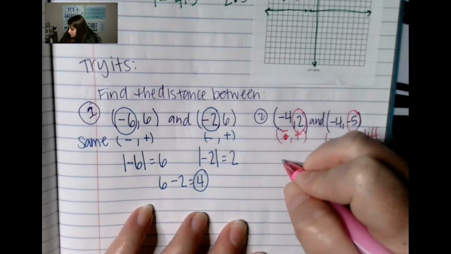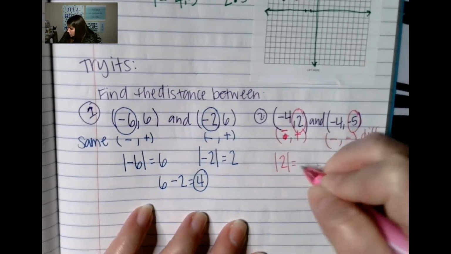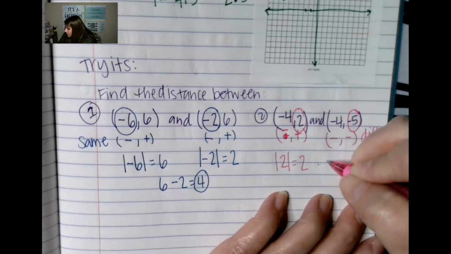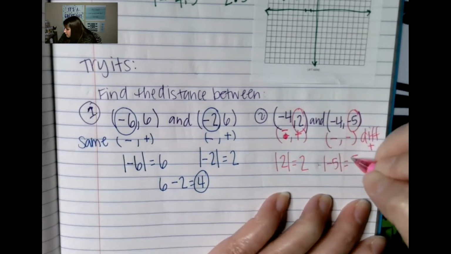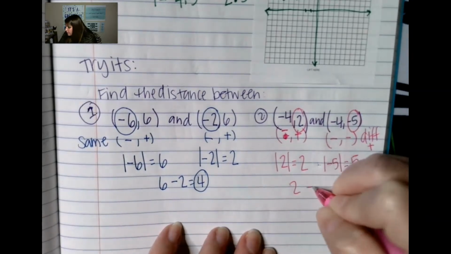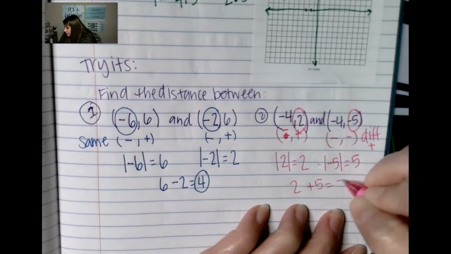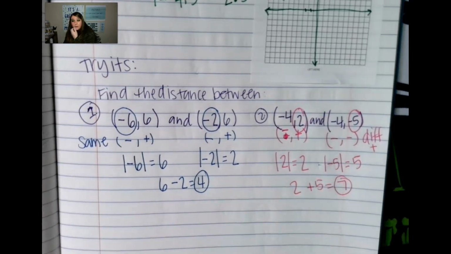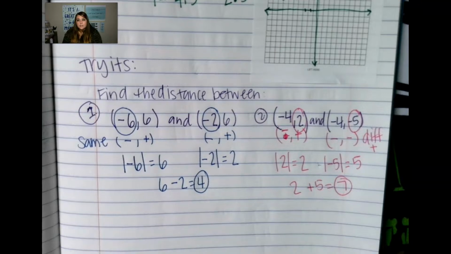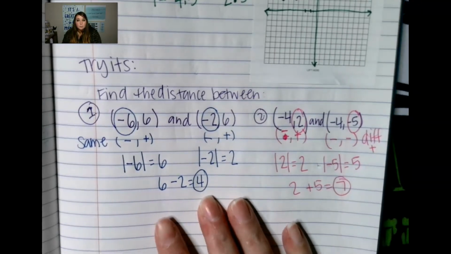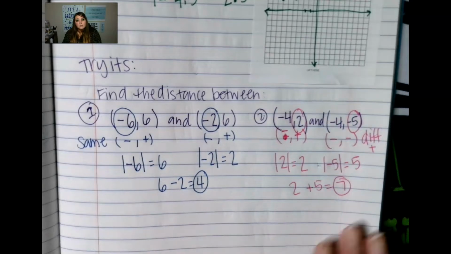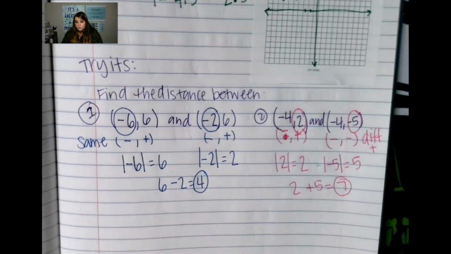So this one is 2, which gives us 2, and the absolute value of -5, which is 5. We're just going to add those, 2 plus 5, and you get 7. If you were to graph both of these, you could see that they are 7 jumps apart, and 4 jumps apart. So you have different ways of being able to solve both of those.